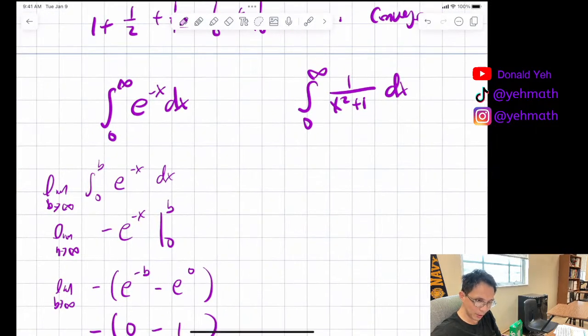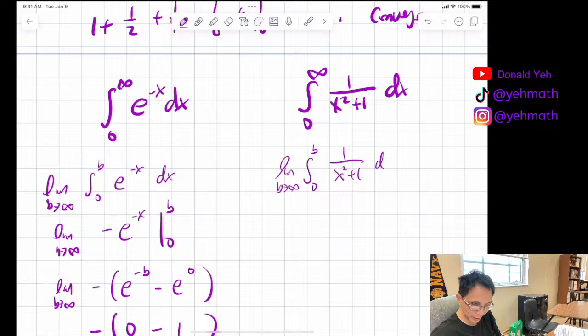It's gonna be the limit as b approaches infinity of the integral from 0 to b of 1 over x squared plus 1 dx. So that's gonna be arctan of b minus arctan of 0 as b approaches infinity.